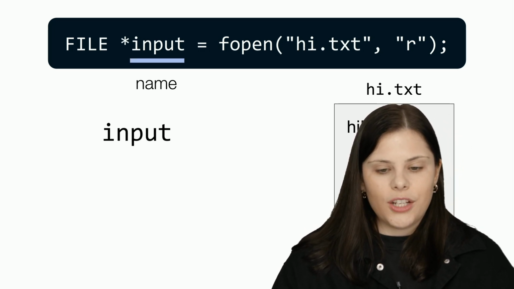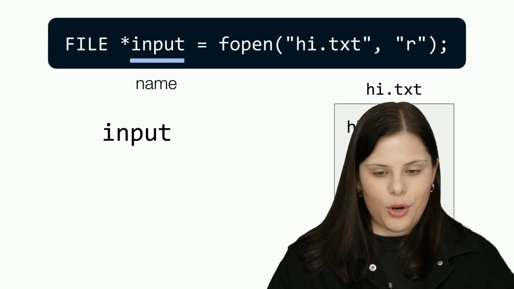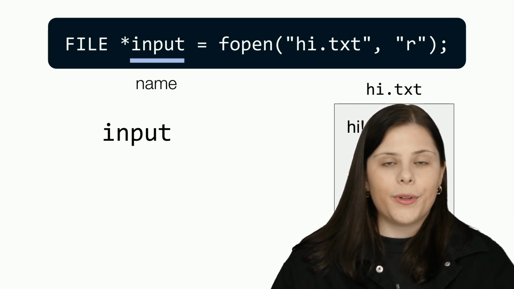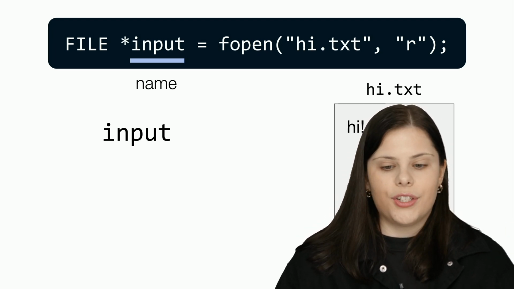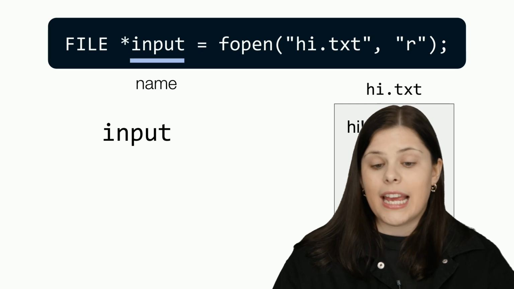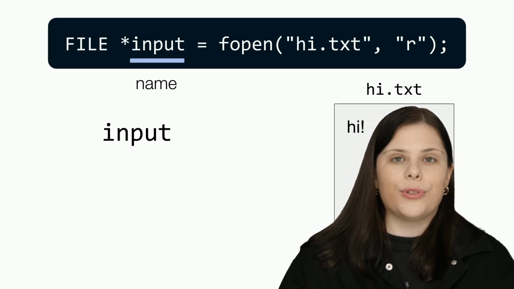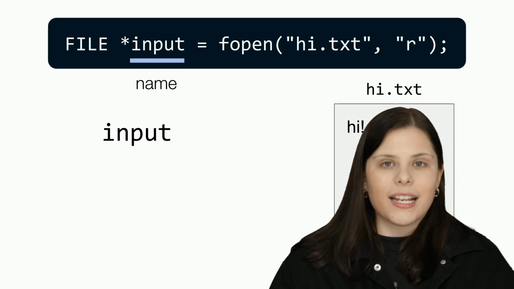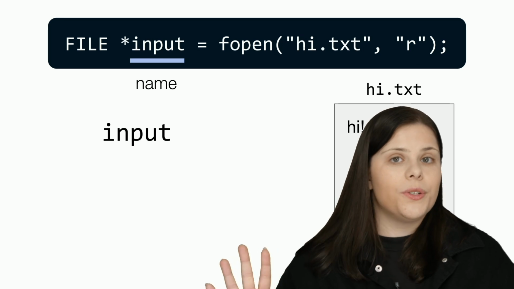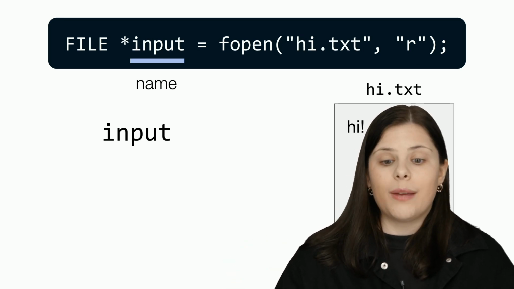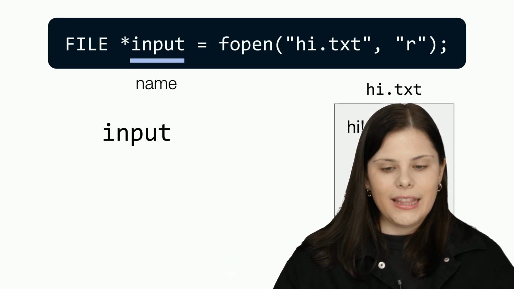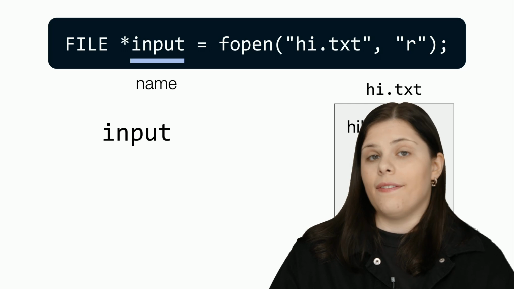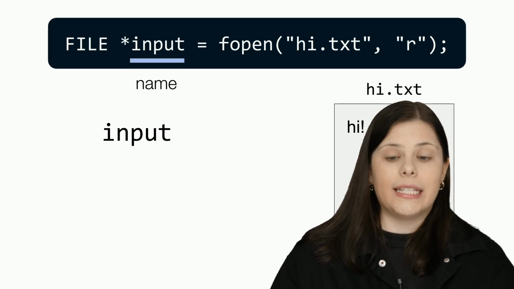The first thing that we have is the name of the variable. Again, variable names can be anything that you want. In this case, I chose input, but it could also be file or text or word. It is up to you as a programmer what variable names you want to use. Then with every variable definition comes the type.